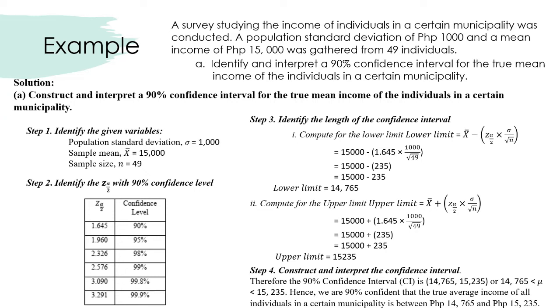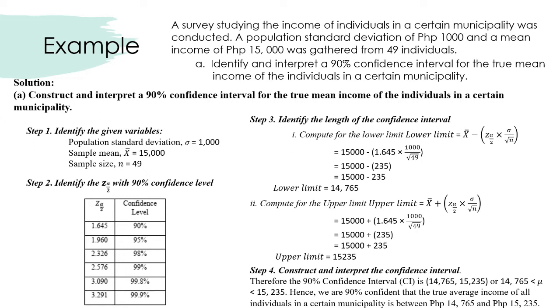So let's substitute the given in the formula. So we will now have 15,000 pesos minus quantity of 1.645 multiplied to 1,000 divided by square root of 49. So, let's simplify first 1.645 multiplied to 1,000 divided by the square root of 49.